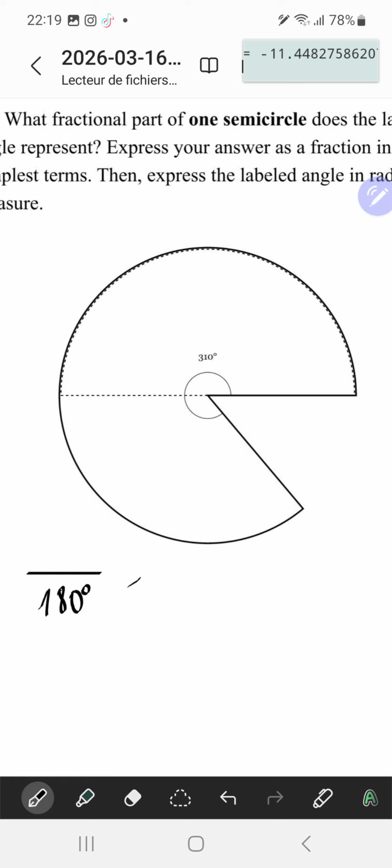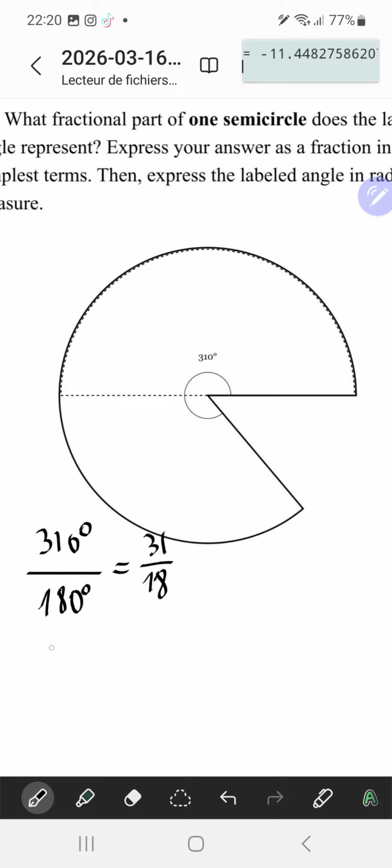So this is the value of what we need to calculate the fraction about it. So it will be in the denominator. Okay, so it is clearly 31 over 80, which we cannot simplify.